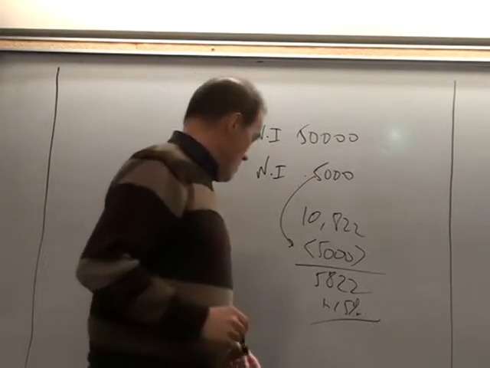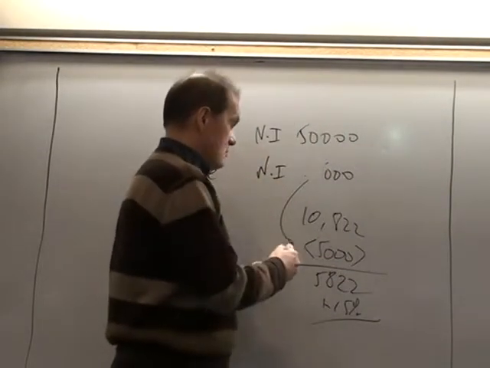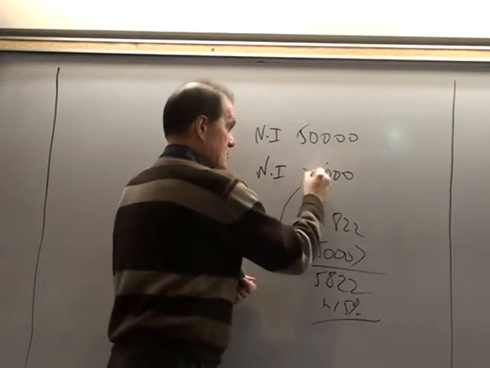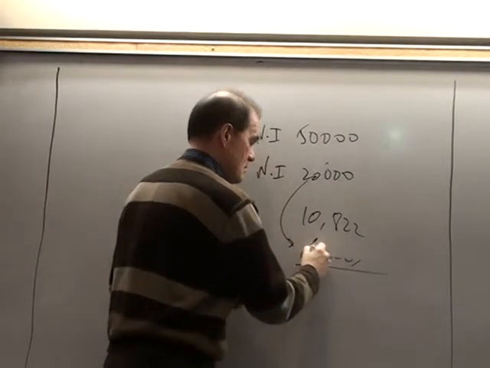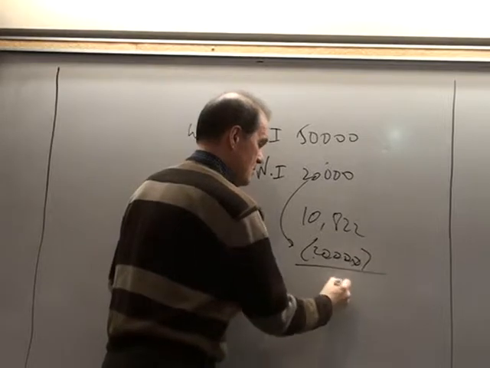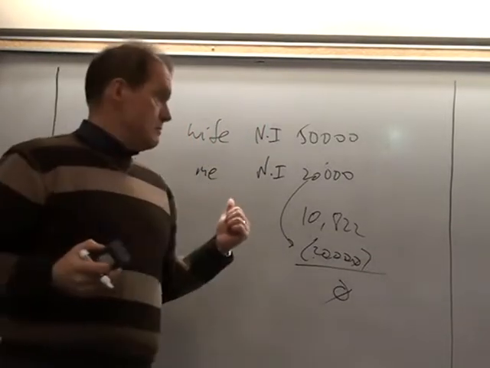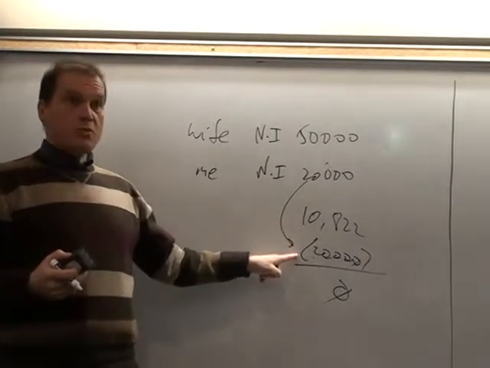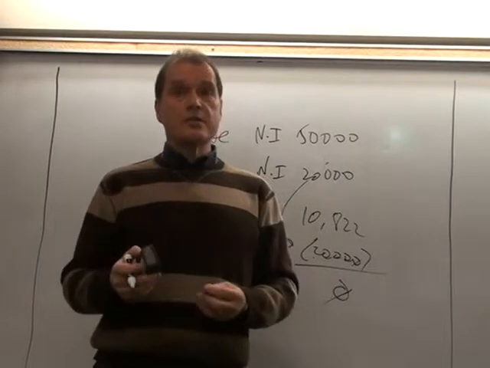If my income were $20,000, 10,822 minus 20,000 is 0, therefore no spousal credit on her tax return.